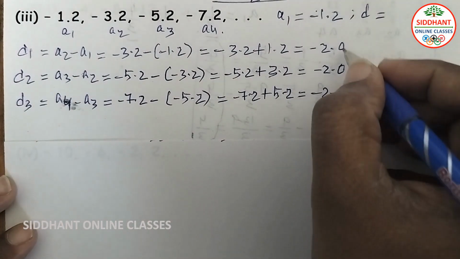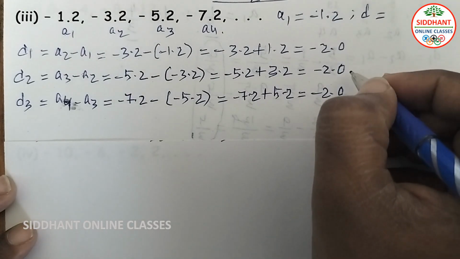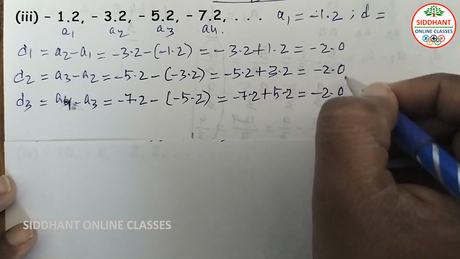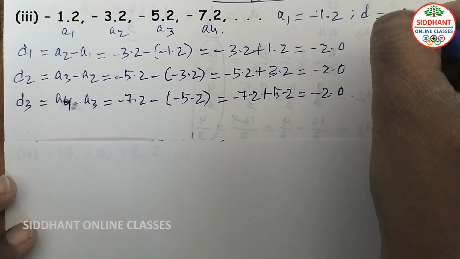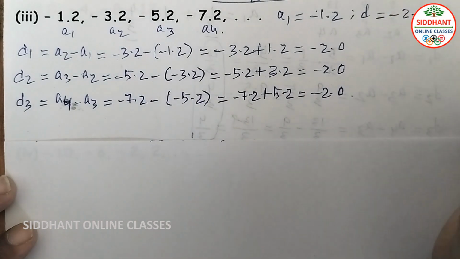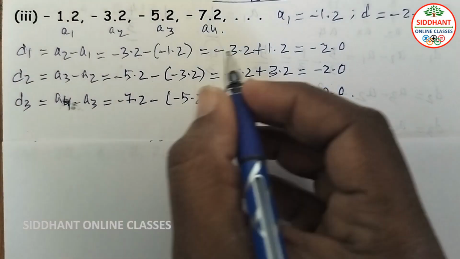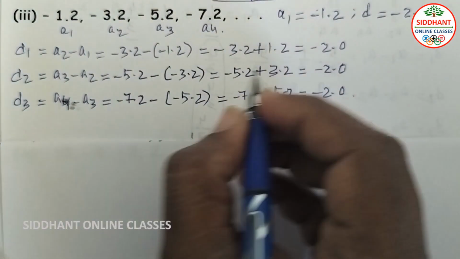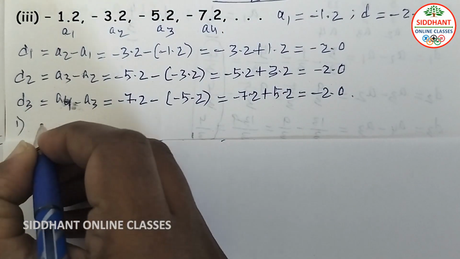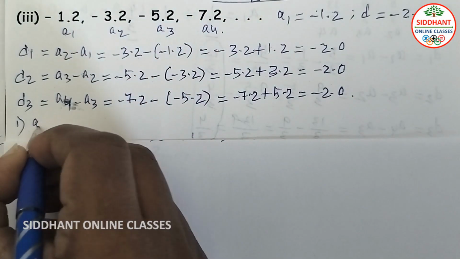So in all cases we see the difference is minus 2.0. So D will be minus 2 here. Now we are going to find out the next three numbers. First, that means A5.